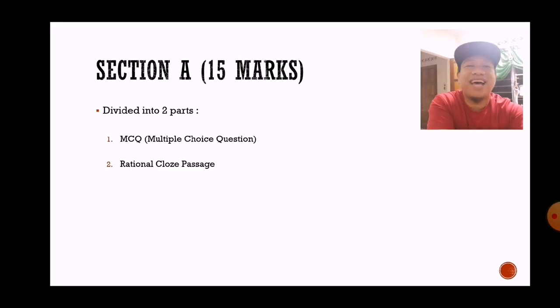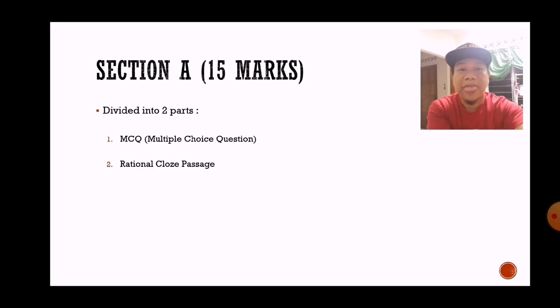Based on the 7 blanks, you will receive several options. The options, of course, will start from A, B, C and D. Based on these 4 options, you have to choose which one is the best answer. Only choose one answer for every one question. The best answer will be the answer for rational close passage, the grammar question.